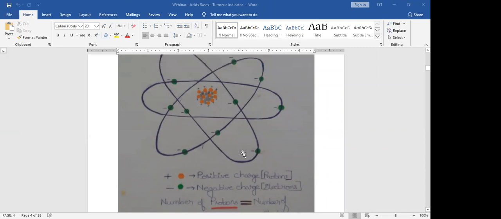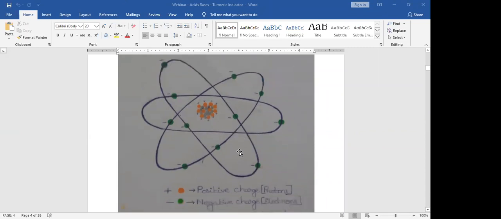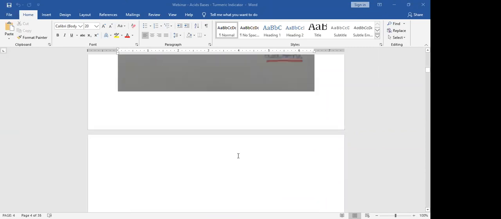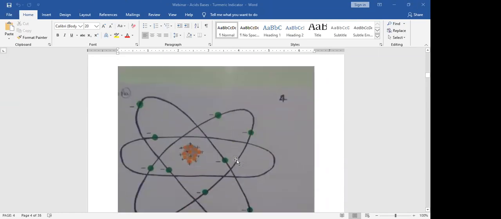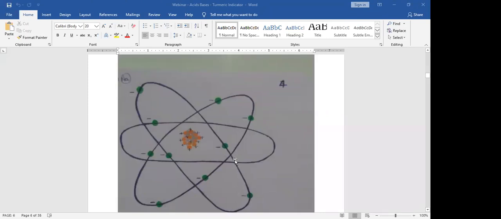Now let's look at another scenario of the same sodium atom. Look at this. This is also a sodium atom, but count the number of electrons in this. Quickly count the number of electrons, the green dots, and then count the number of protons.